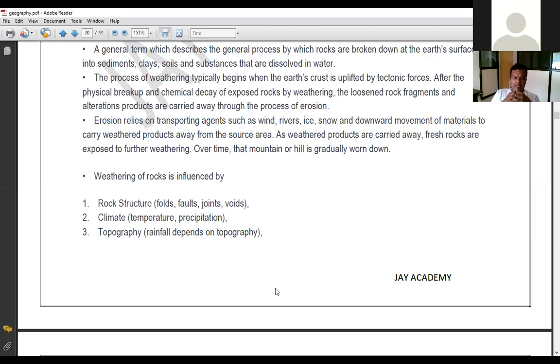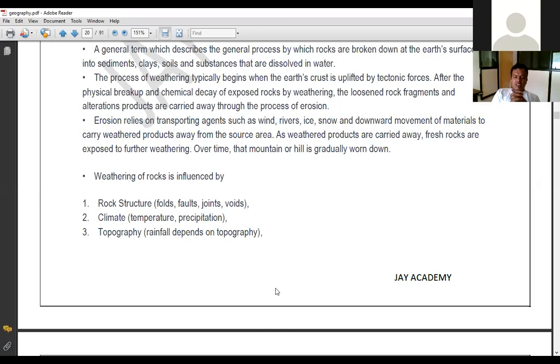Or some animals, like rabbits, some rodents, serpents, or reptiles, break down the upper layer of the rocks, right? So that is called biological weathering. And even we know whenever a plant grows, whenever the roots are growing into the soil, into the rock, it also breaks down the rock structure, right?